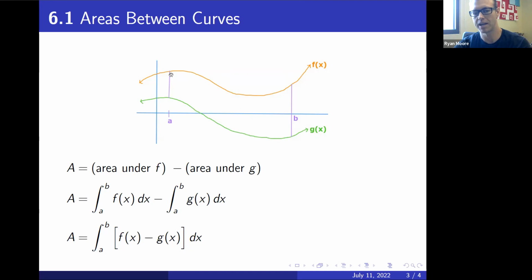Why is that? Well, you think, okay, f of x is finding all the area under f, subtract g of x. If g of x is above the x-axis, then we're subtracting that little bit of area here, and it's all fine for this section. As soon as g of x drops below, we actually still want to subtract, because then we're subtracting negative area.